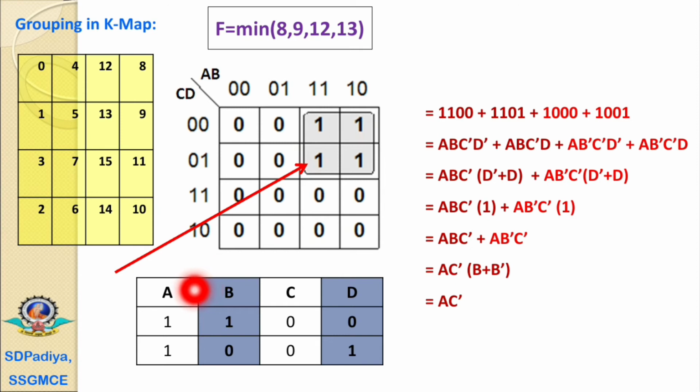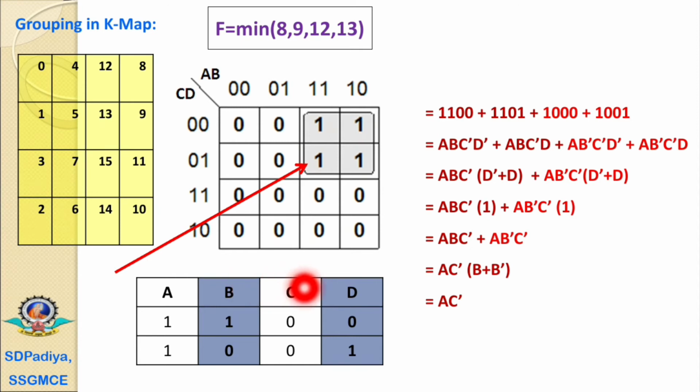For the A, both the values are 1 1, therefore there will not be the cancellation of any term. For the B, the first value is 1, but for the second variable it is 0, therefore the B will eliminate.